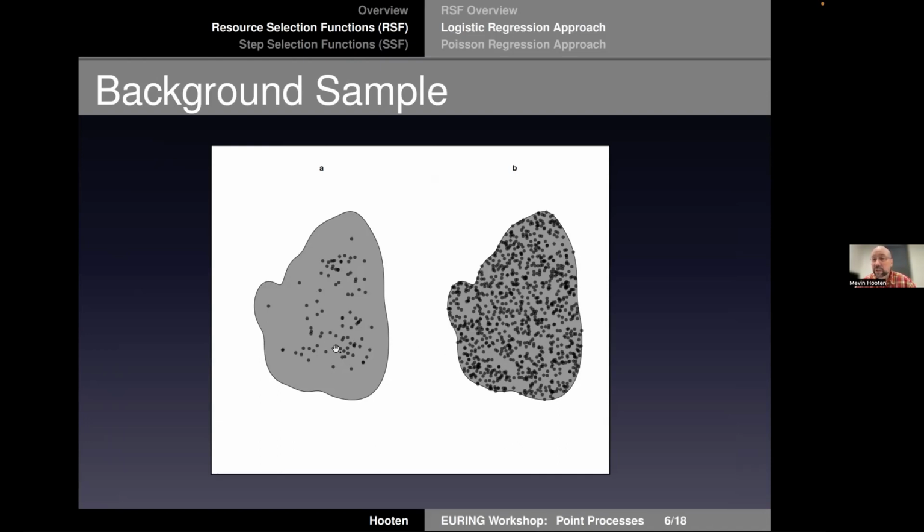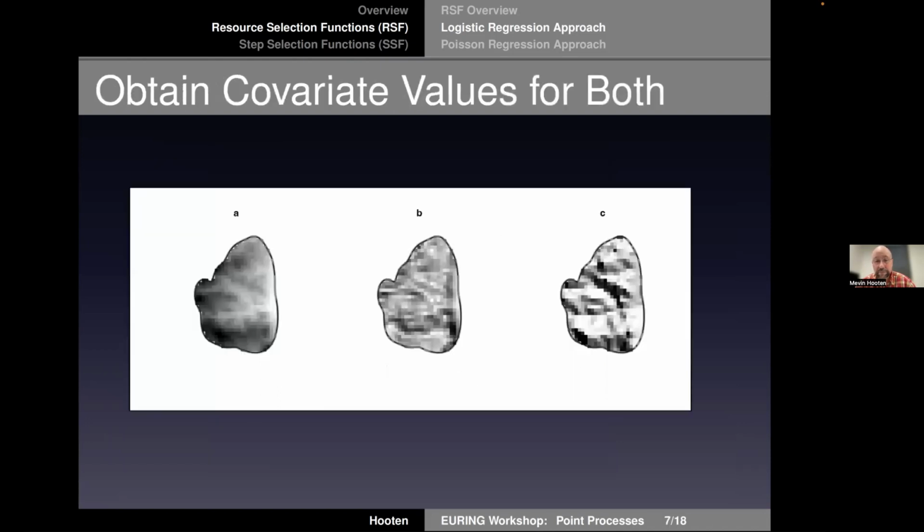And then you literally just fit a logistic regression. You take some covariates. Here's an elevation covariate, an aspect, and a slope, or let's say slope here is B and aspect is C. This is just as examples. These data, by the way, are from a mountain lion in Colorado in the US.